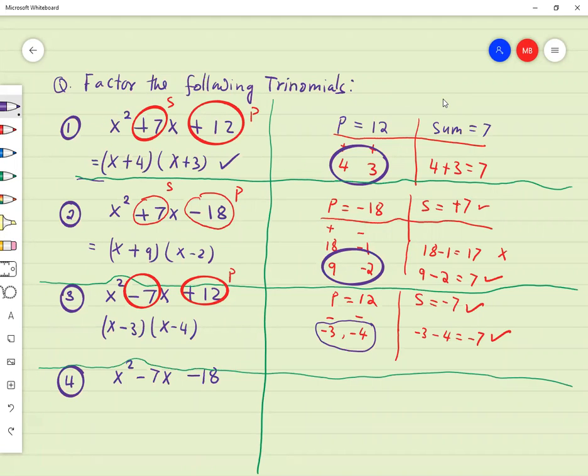Okay, number 4. We have x squared minus 7x minus 18. That means we are looking for the two numbers whose product is negative 18 and the sum is negative 7.